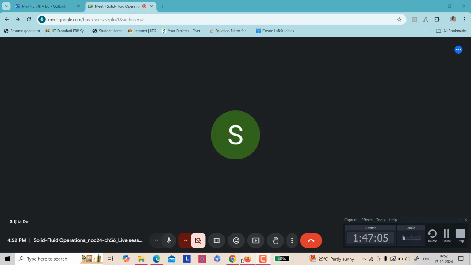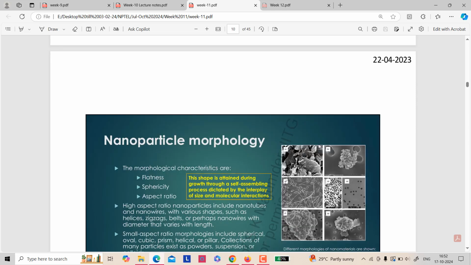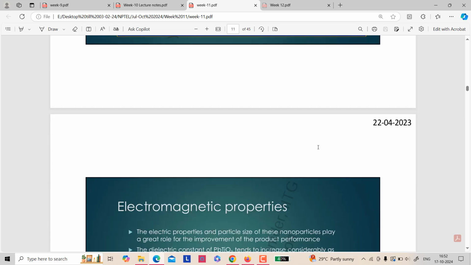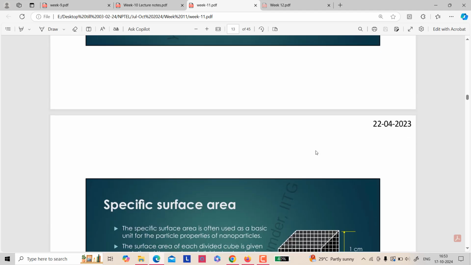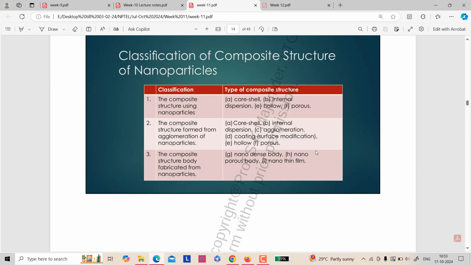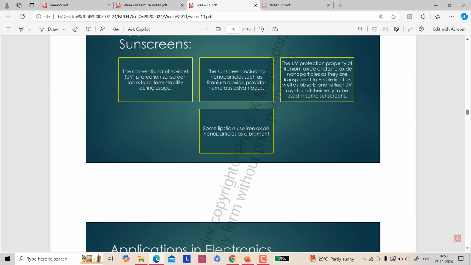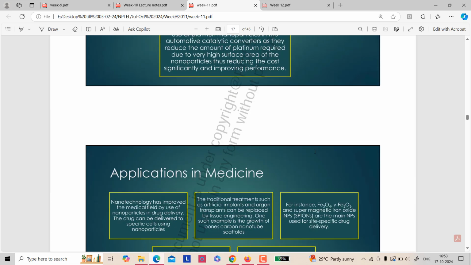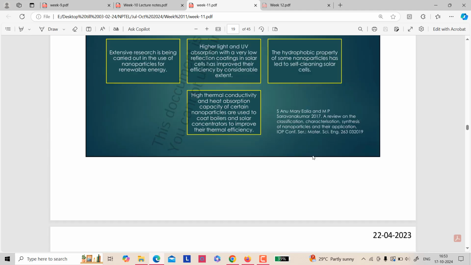Then come the morphological and structural properties of nanomaterials, electromagnetic properties, optical properties, mechanical properties, contact angle, and classification. So it is overall the nanoparticles and their use and their enhanced properties because of their small nano size.